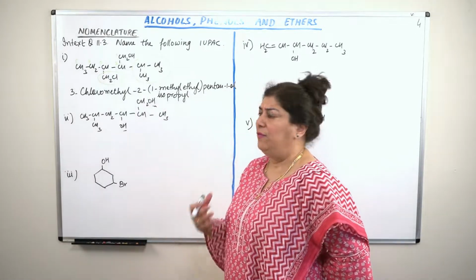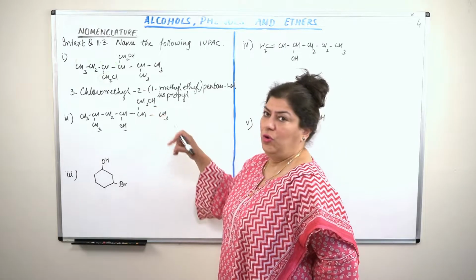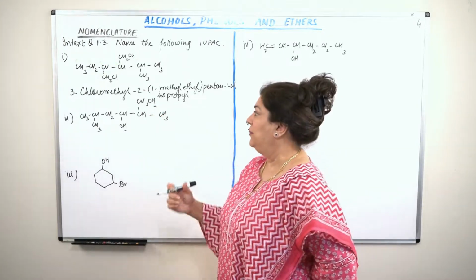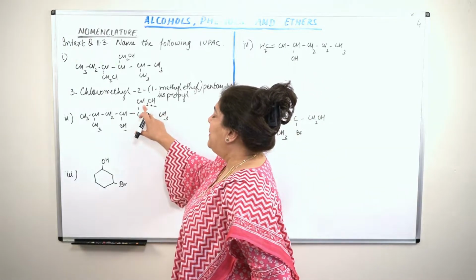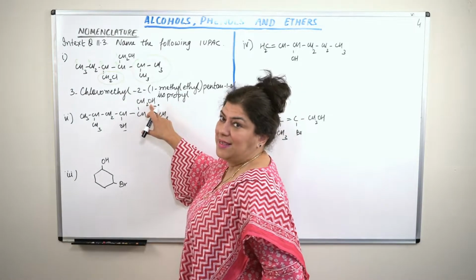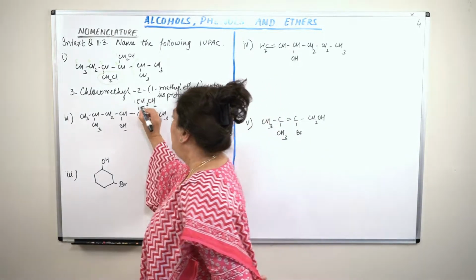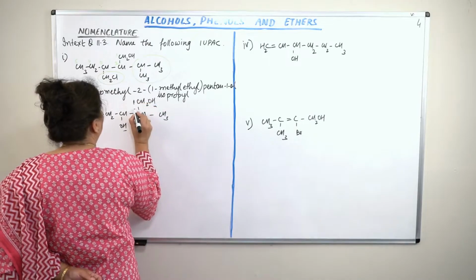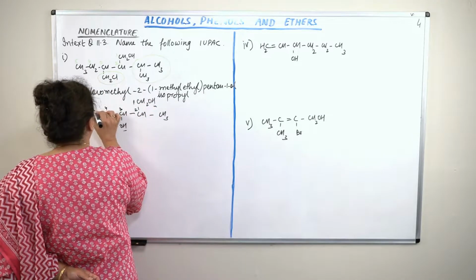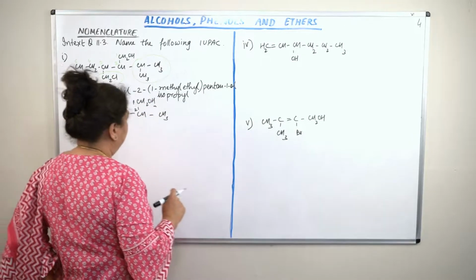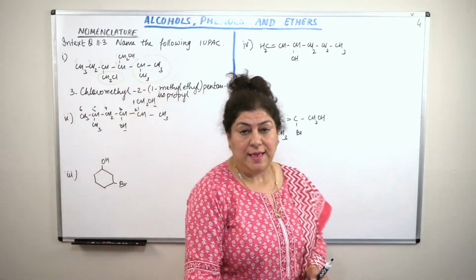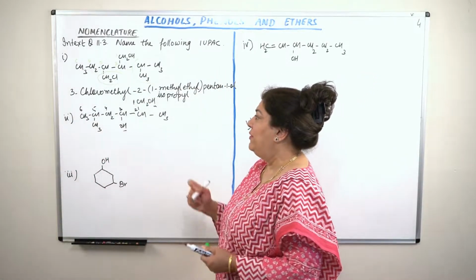The same thing, I would prefer to keep the alcoholic group, that is the functional group, in the main chain. So this becomes carbon 1 because it has the alcoholic group. So I'll treat this as carbon 1, carbon 2, carbon 3, carbon 4, carbon 5, carbon 6. So these are the 6 numbers how I will be writing it.